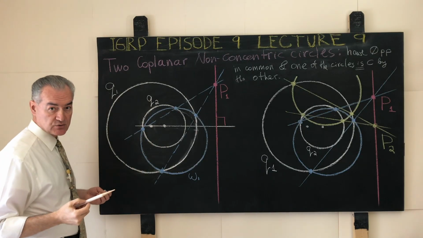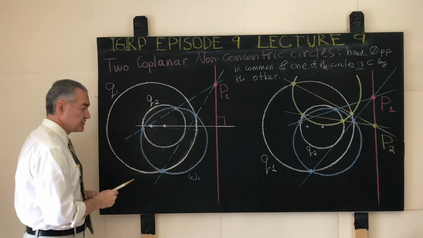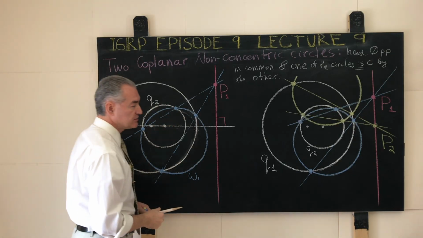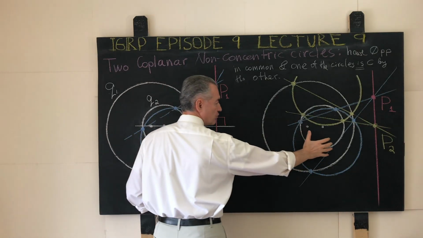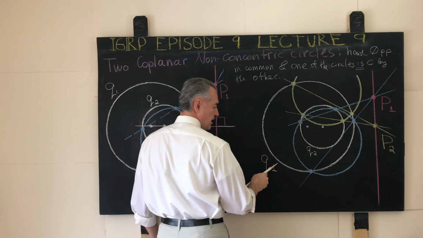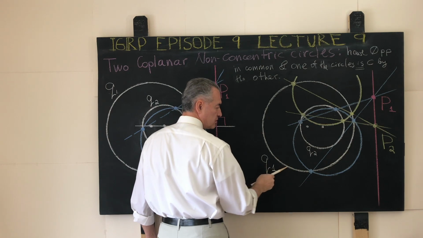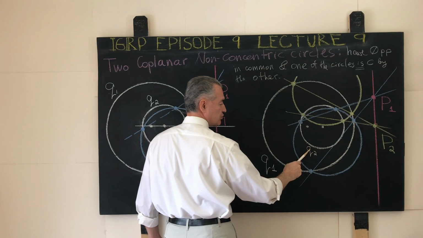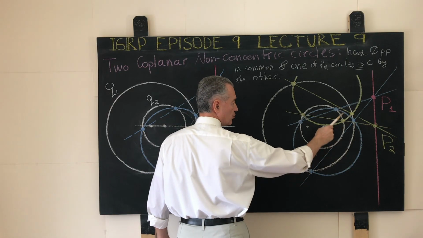What is the second option? Well, the second option is to take this maneuver and use it again. This solution is shown on the right side of the board, exactly the same setup. The outer circle Q1, shown over here in white, contains the smaller circle Q2, shown also in white.